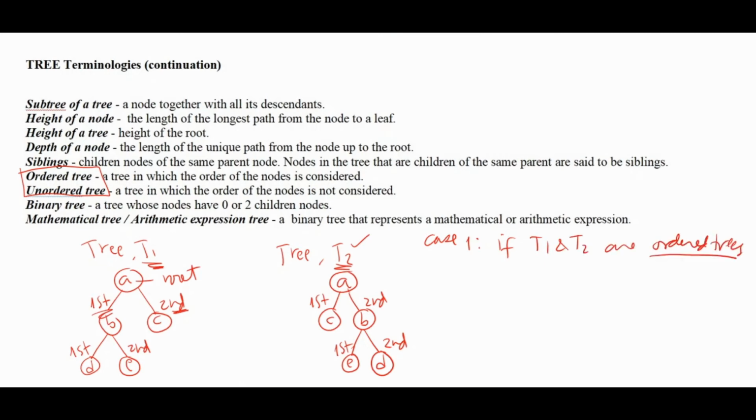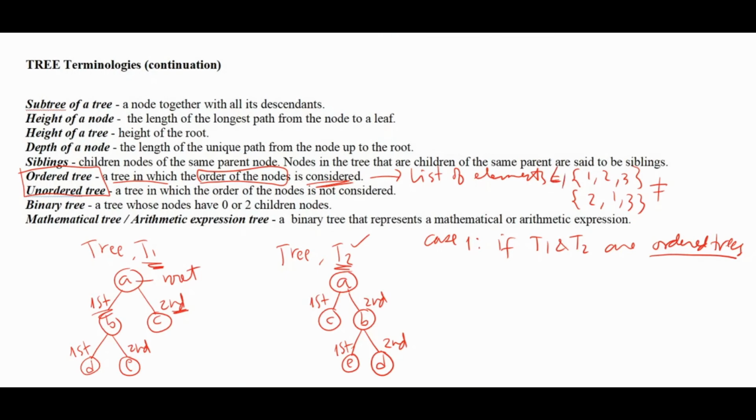What is an ordered tree? It is a tree in which the order of the nodes is considered, or the order of the nodes matters, like a list of nodes, list of elements, right? If you have 1, 2, 3, and you have another list 2, 1, 3, these are not the same, right?